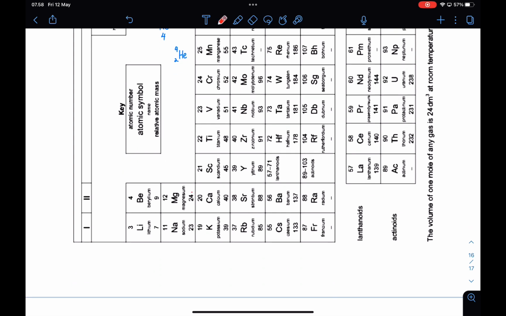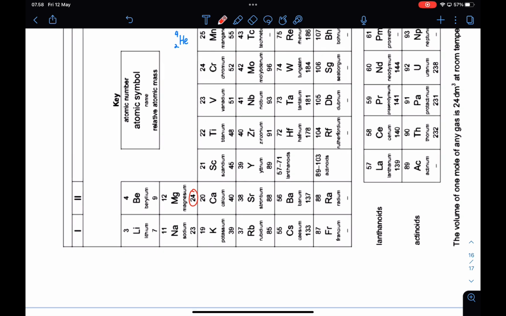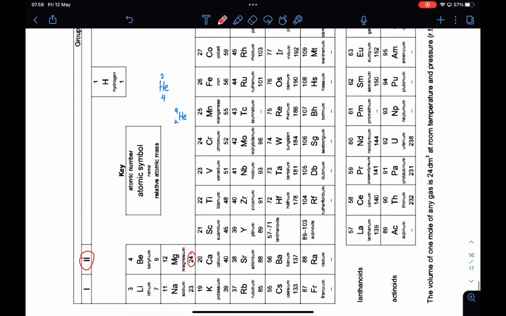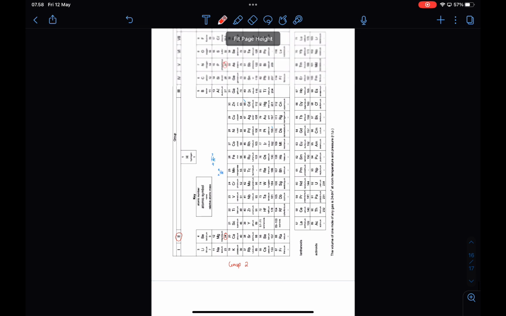So let's look for 24. 28, 27, 24. Can you see here? 24 is reflecting for magnesium. So magnesium, they want us to find out the group. Which group is this magnesium? Group 2.